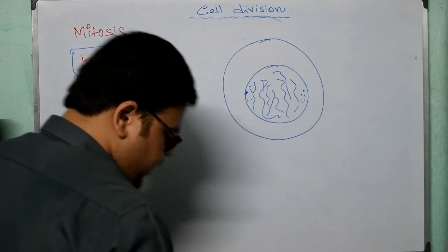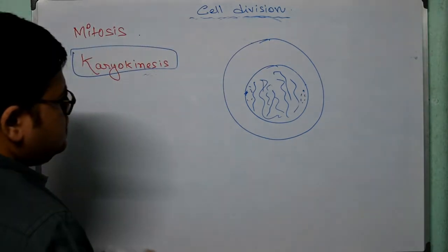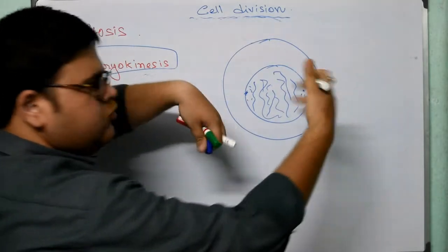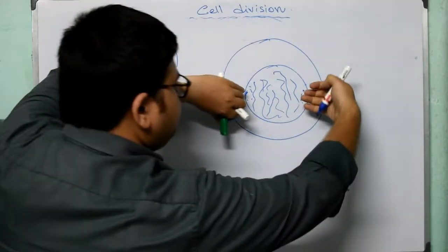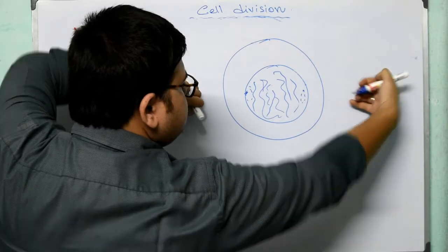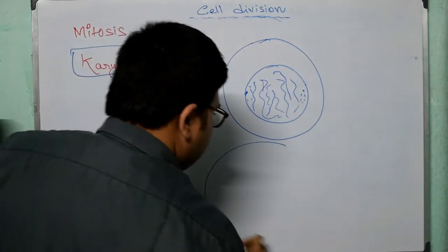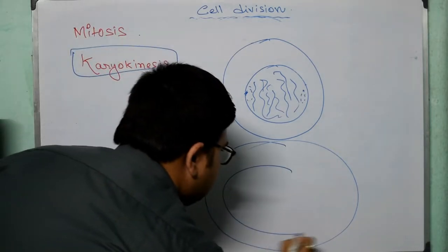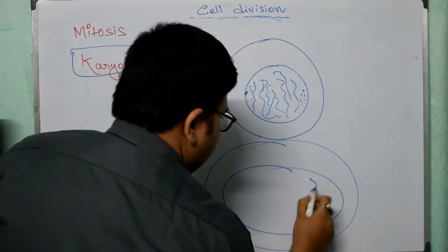Okay, what happens? It gets stretched away. So what will it look like, students, if we stretch this part like this? See, the cell is only one part. Okay, now this gets elongated like this.